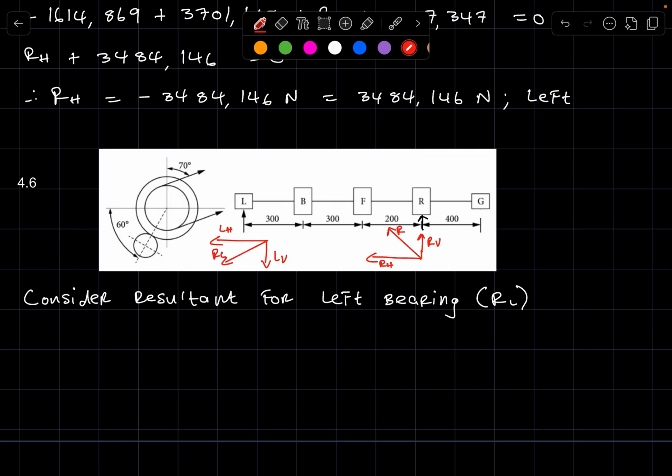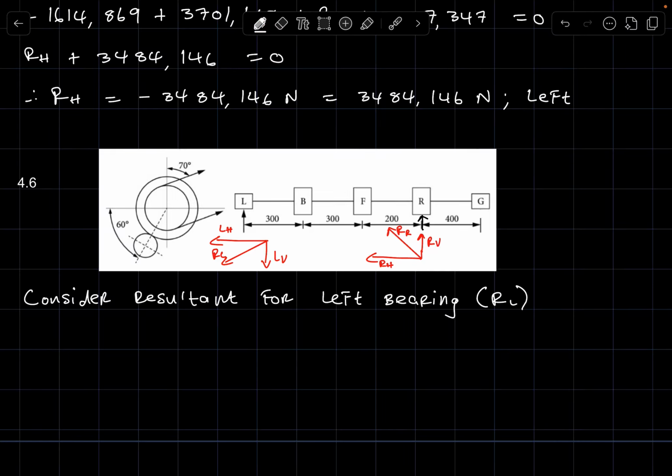This is your R, the resultant of the right hand bearing. So when they say calculate the resultant reaction, this is what they're looking for, right?